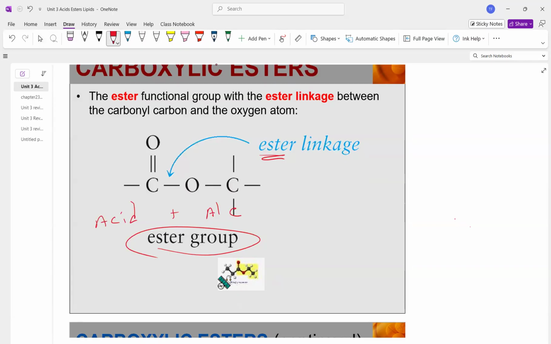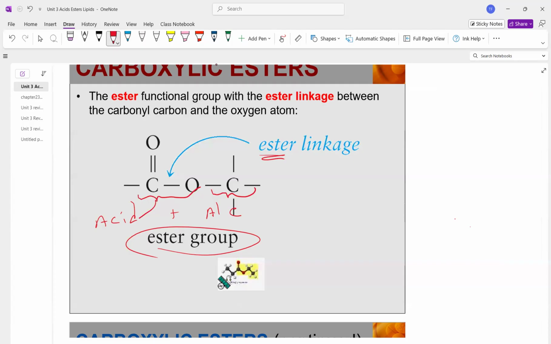The alcohol part, which is this here, and this is the alcohol part from which it was made. To make an ester, you need acid plus alcohol. You get your ester.